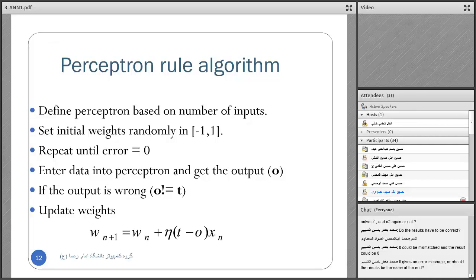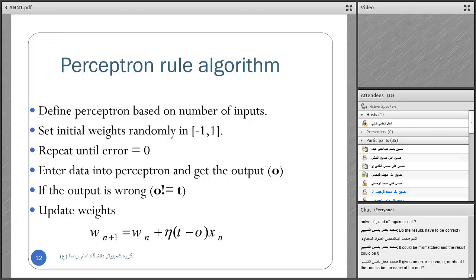If the prediction is not equal to the target, we should update the weight. After this, we calculate the error. And if the error is zero, we finish.